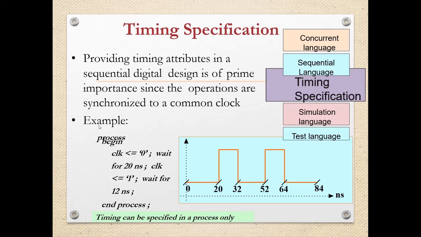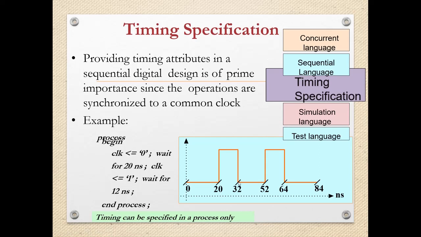If you see the clock generation process, clock is assigned a value 0. So this is 0 and we have to wait for 20 nanoseconds. This 0 value will remain there till the next 20 nanoseconds. Then clock is assigned a value 1. So clock is made 1 and again wait for 12 nanoseconds. If you see the time which is coming over here on the time axis, that is 32.